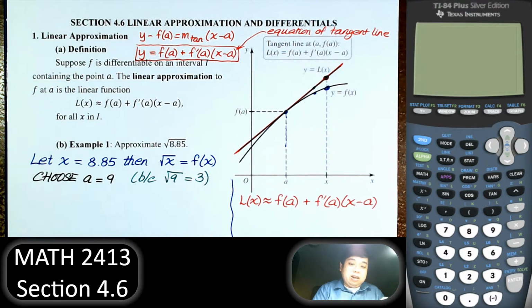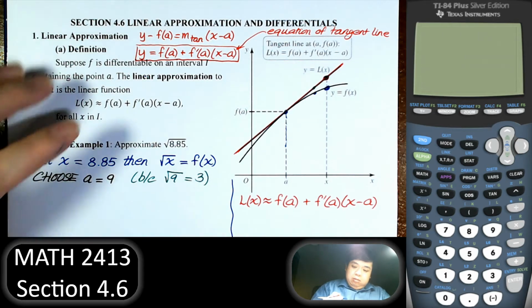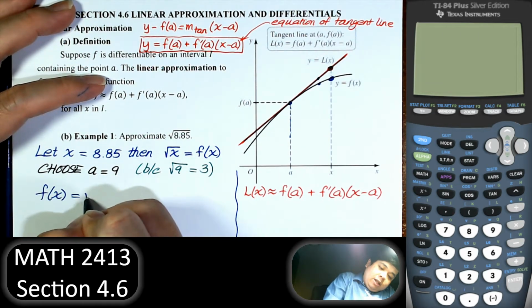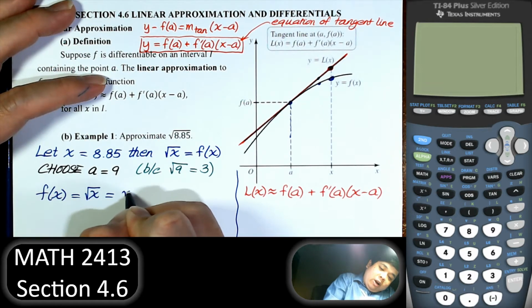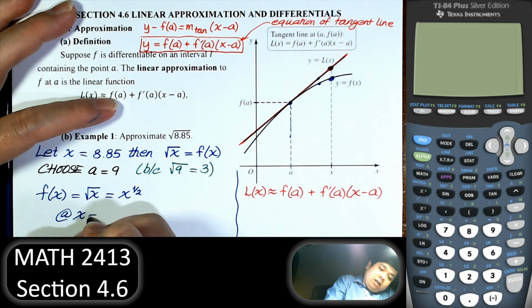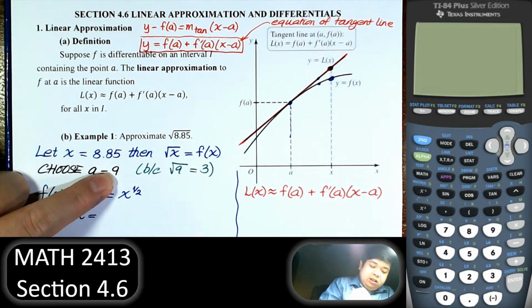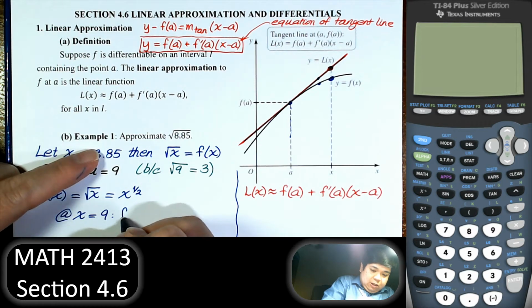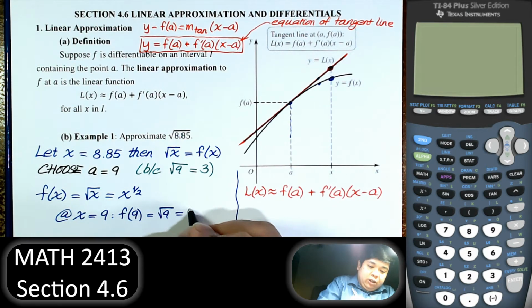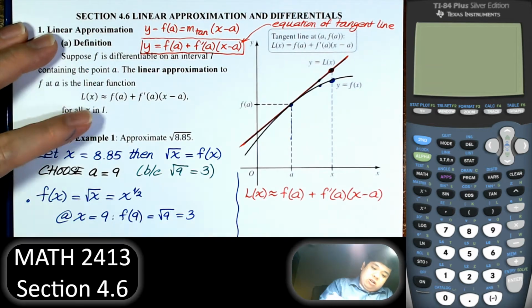Now we have everything. We can put it in here. But before we do that, the function is square root of x, or x to the 1/2. At x equal to 9, f of 9 will be just square root of 9, which is 3. So the value of the function is 3.